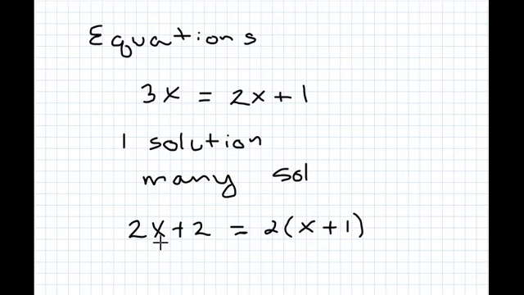So every real number that we plug in for x, both sides are going to be equal to each other. This is known as an identity.